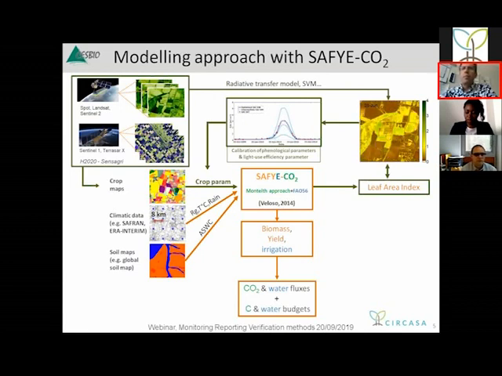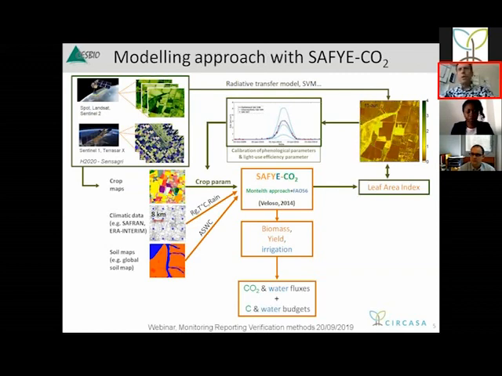And by comparing these satellite estimates and the model estimates, we will calibrate, we will force the model to reproduce the observed dynamic that is shown by the red dots on the figure. So the model will progressively converge to reproduce the dynamic that is observed by the satellite. And that will allow us to have correct biomass yield estimates as well as CO2 fluxes.